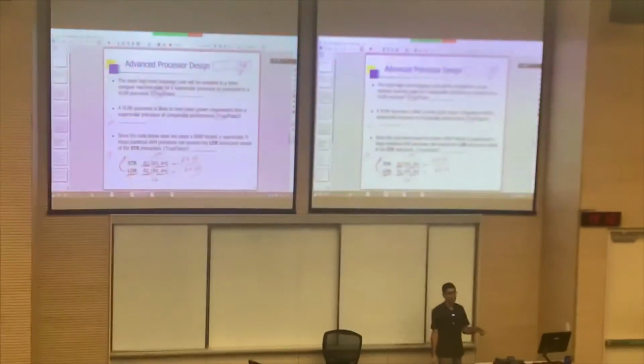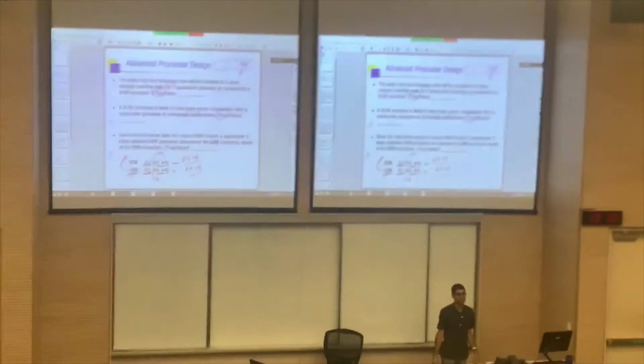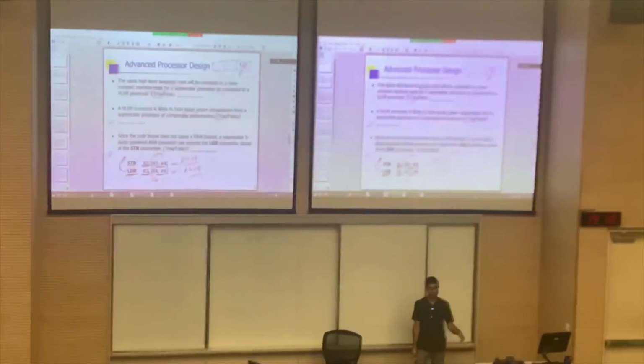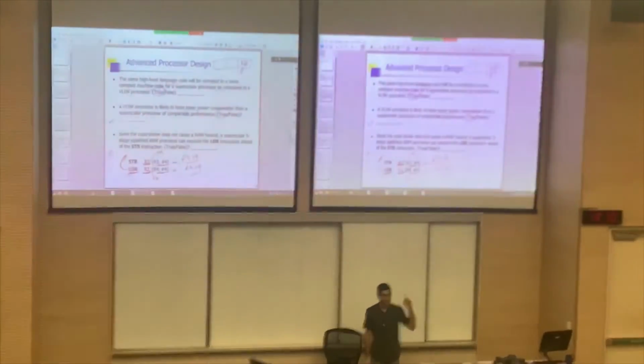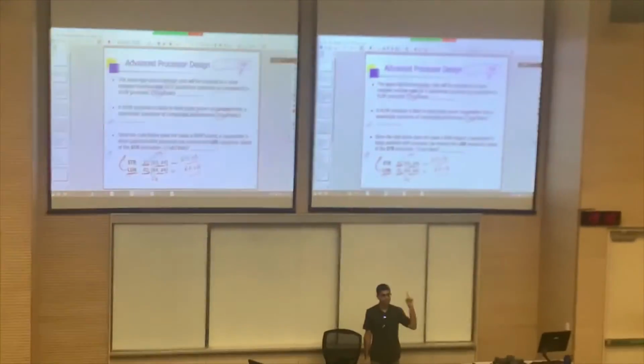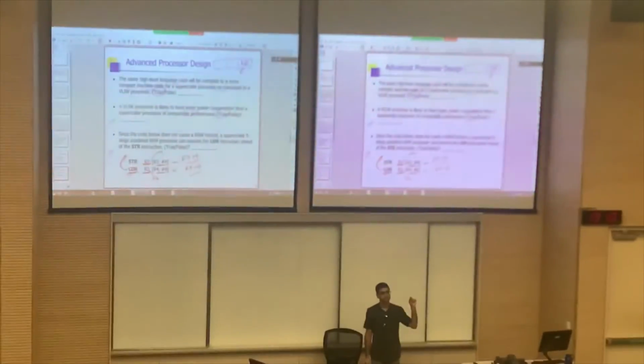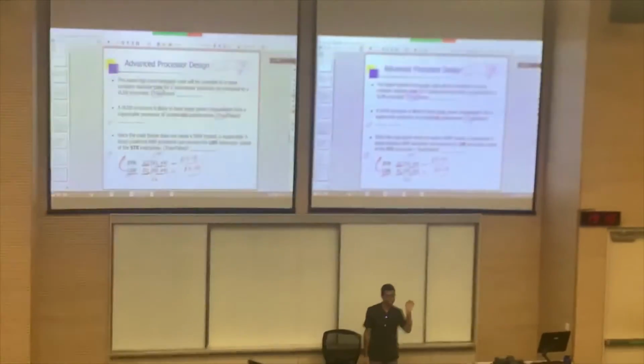But I mentioned in the last class, this kind of stuff can cause security issues. Like for example, if this load causes a cache miss, the fact that it causes a cache miss is something which leaks information, called side channel information.